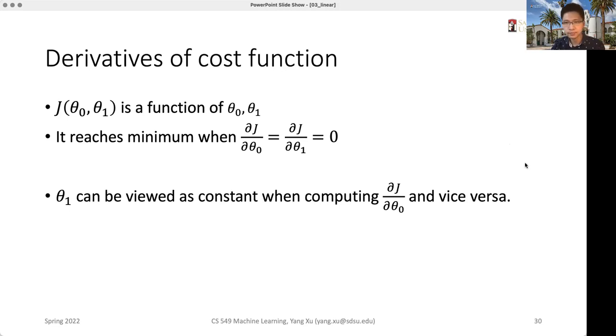Okay, and the trick is that when we compute the derivatives with respect to theta 0, the other, theta 1, can be treated as a constant, right? So we can apply the rules of calculus to compute derivatives to make them 0.